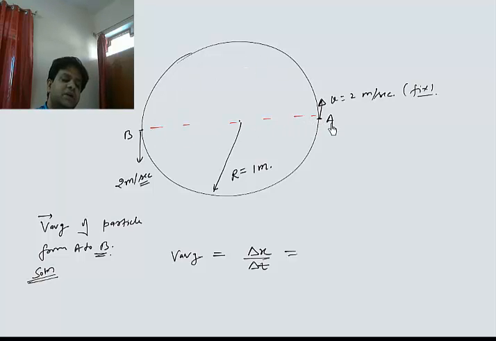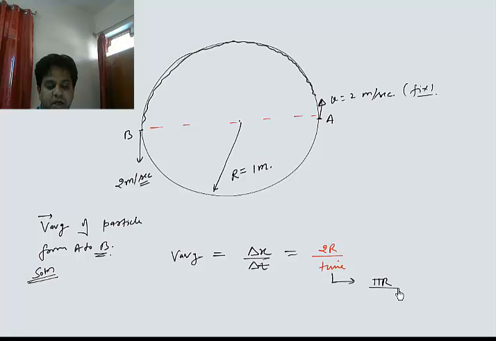This is the displacement of the particle, the shortest straight line joining point A to point B. So the displacement is simply 2r, and the time taken by the particle to reach from point A to point B will be given by distance of the semicircular track, which is pi r, and this pi r distance is covered with a speed of 2 meter per second.